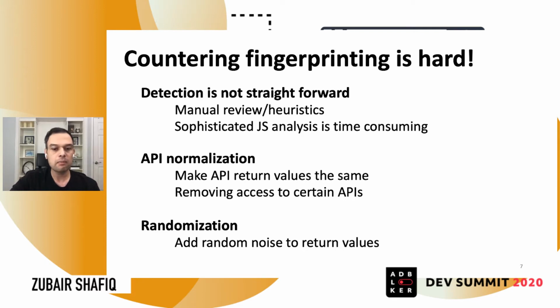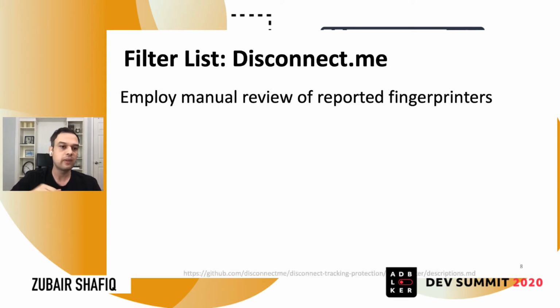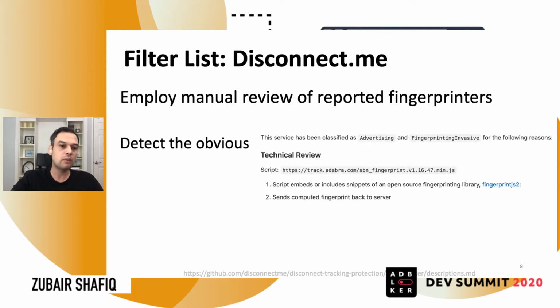So let me talk a little bit about the state of practice in ad and tracker blocking tools. Filter lists such as Disconnect actually include a special category for fingerprinters. What Disconnect does is employ a manual review of reported fingerprinters. They try to, for example, look at each reported fingerprinting script. But once you look at their site, where they are transparent about how they go about determining whether a script is doing fingerprinting, you notice that they're basically looking for very telltale signs.